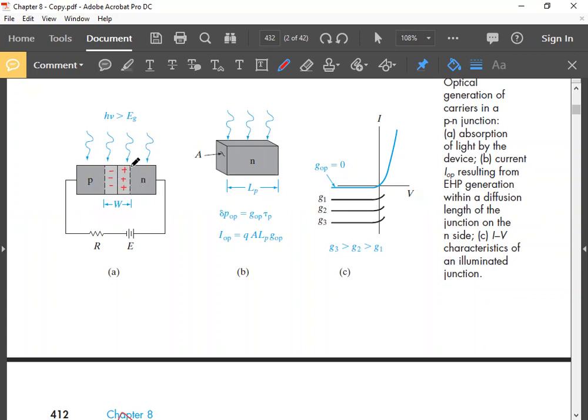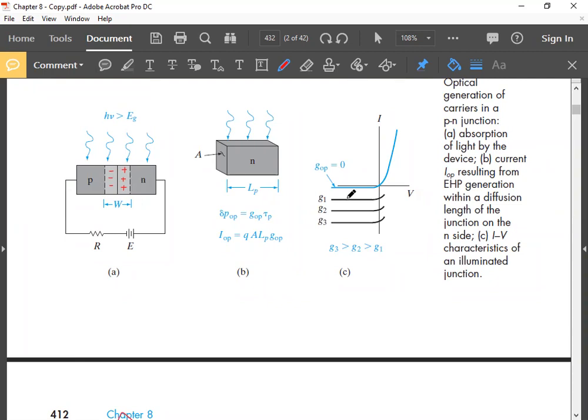Carriers generated within one diffusion length of the depletion layer edge are useful.